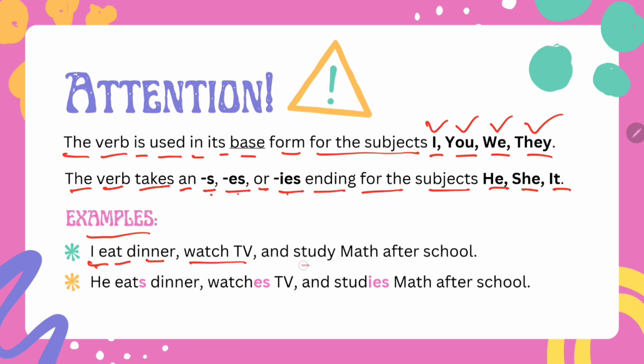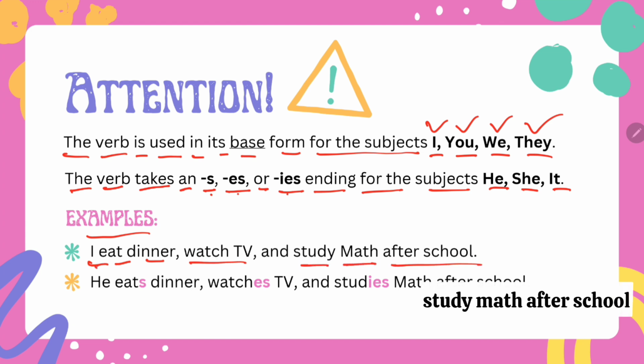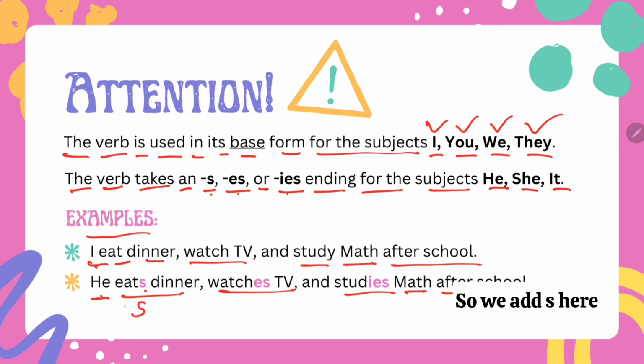I study math after school. He eats dinner. He watches TV. He studies math after school. Here, eats dinner, so we add s here. He watches TV, so we add es here. He studies math after school, so we add ies here.